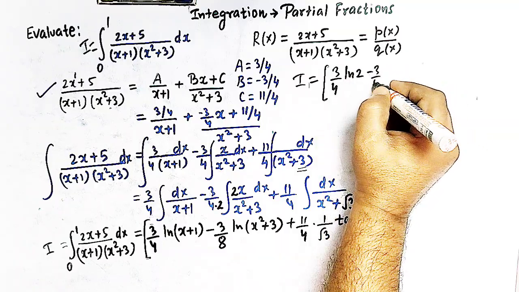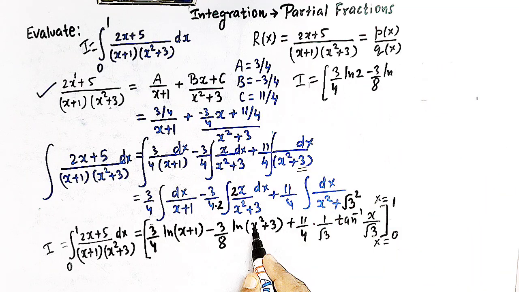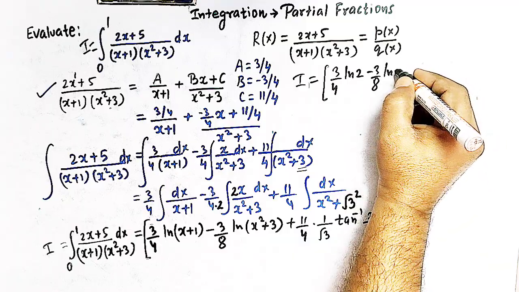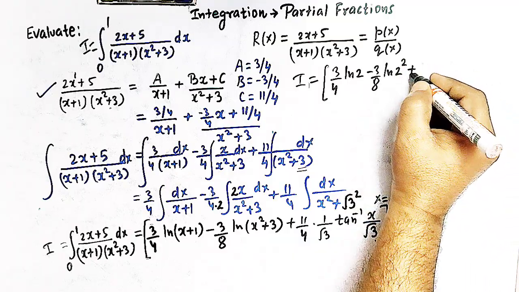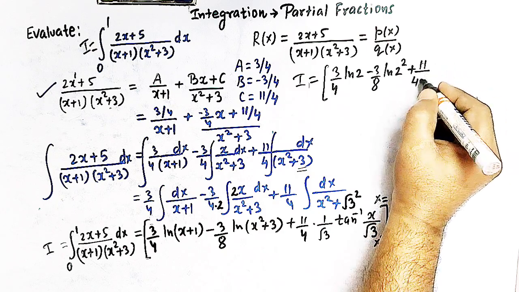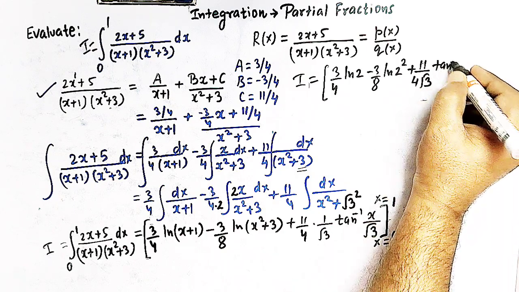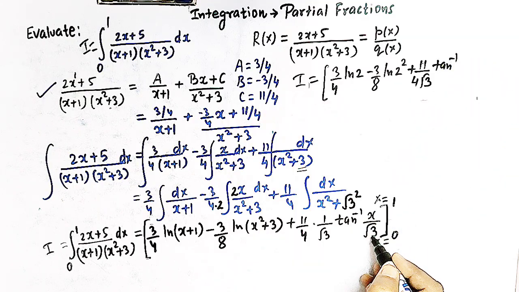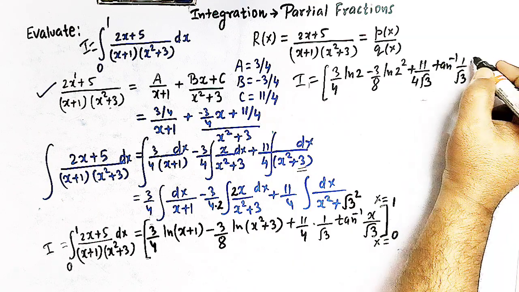Then we have minus 3 over 8 natural log of, here we have x is equal to 1, 1 square plus 3 is 4, and 4 can be written as 2 square, and then we have 11 over 4 root 3, and here we have tan inverse x over root 3, that is 1 over root 3.